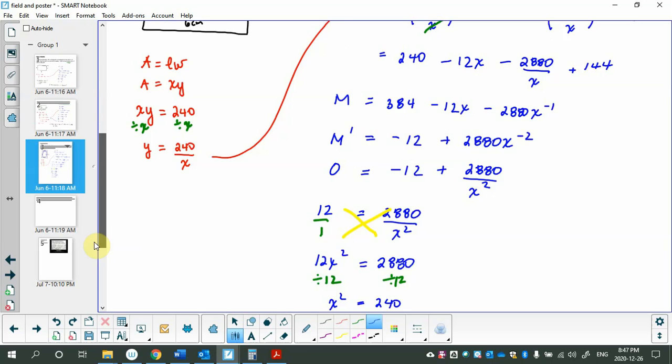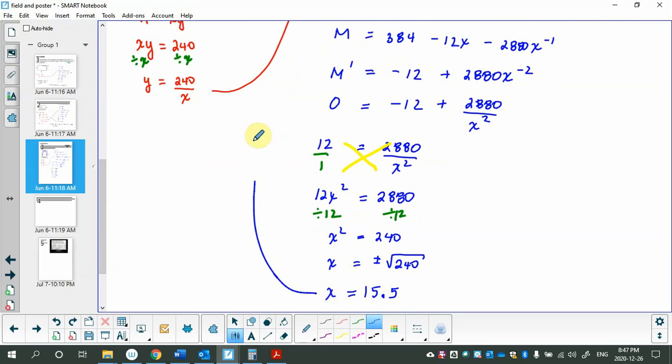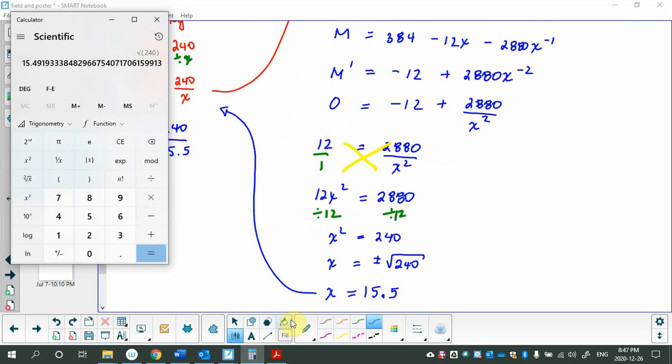I need my red Y value. 240 divided by 15.5 is another 15.5, which I kind of guessed.